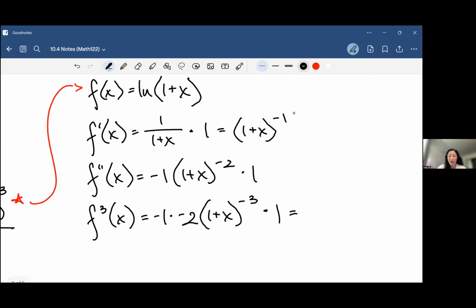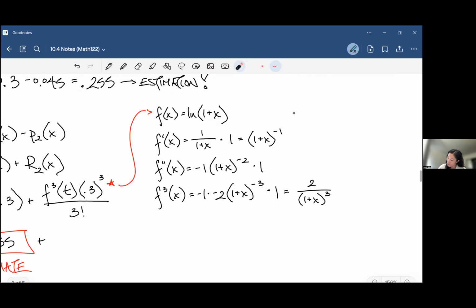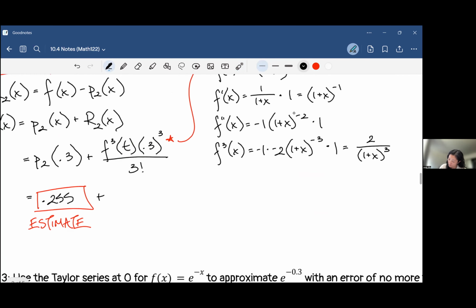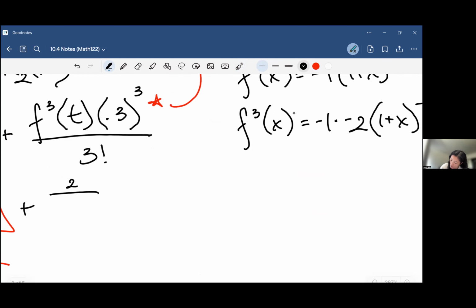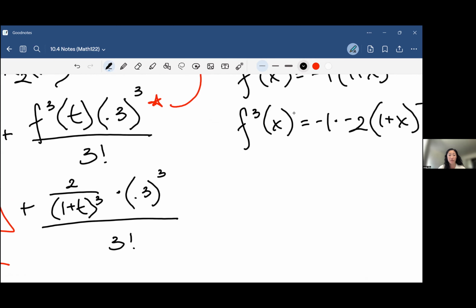Let's clean this up because this is the one we're going to use in our equation. Negative 1 times negative 2 is 2, and 1 plus x to the negative 3 is the same as 1 plus x to the third in the denominator. This is what we're going to use for our f third derivative of t. So I've got 2 over 1 plus t to the third times 0.3 to the third over 3 factorial.